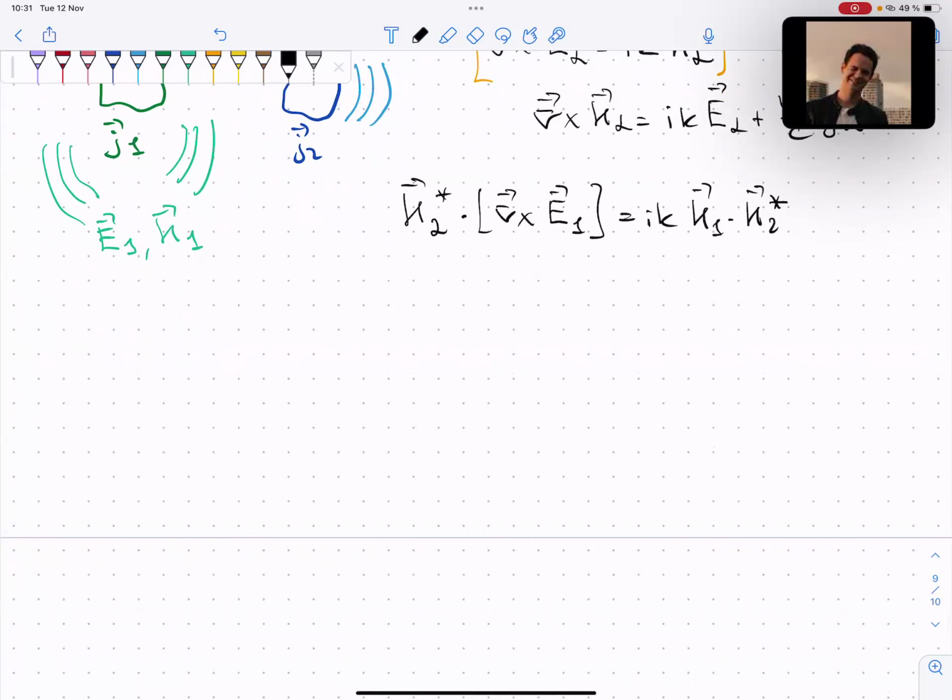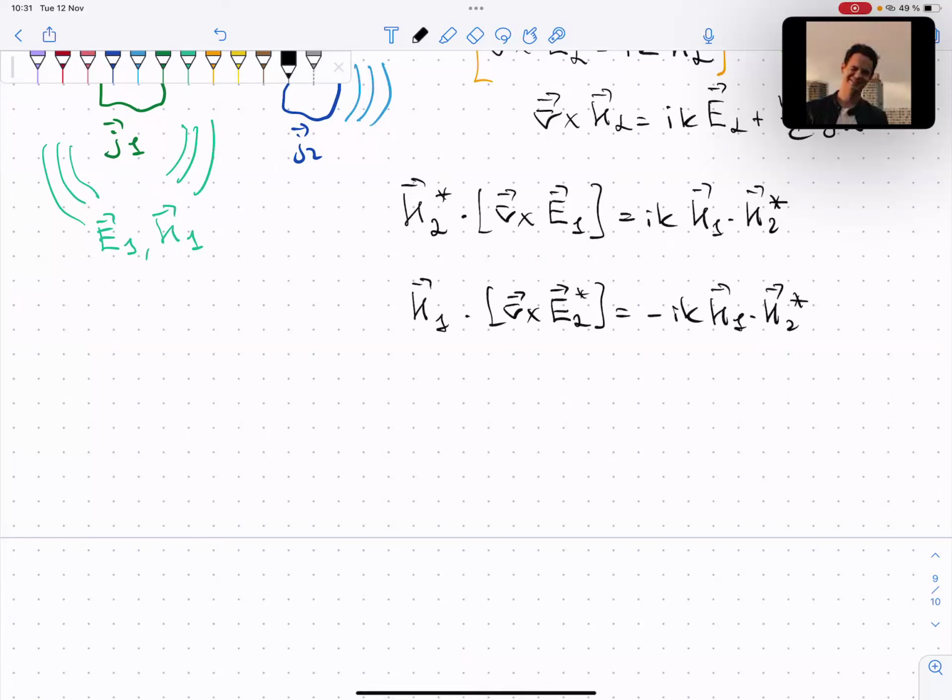And we do the same thing for E2: H1 multiplied by curl of E2 conjugated equals minus ik H1 H2 conjugated.